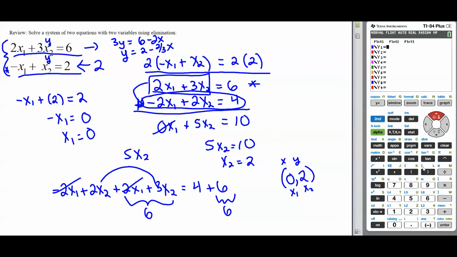So that's the first equation: 2 minus 2/3 times x. And then the second one, it's pretty easy to see, right, that this is going to be y equals x plus 2.